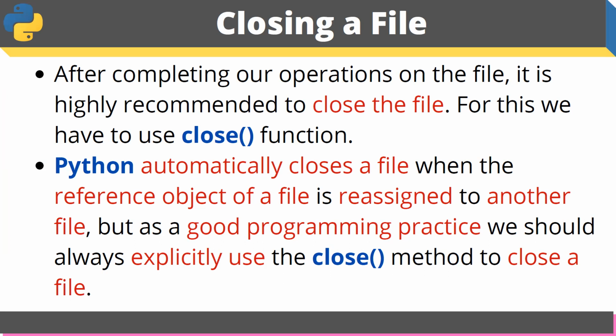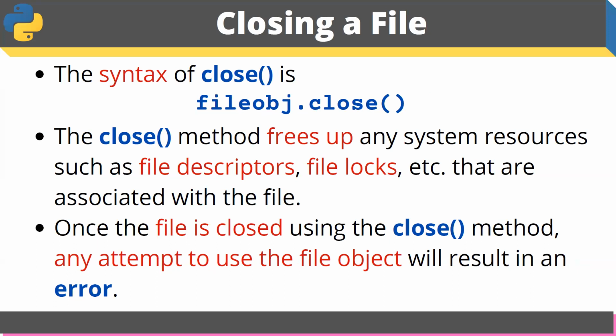But as a good programming practice, we should always explicitly use the close method to close a file. The syntax of close is the file object dot close. The close method frees up any system resources, such as file descriptors, file locks, etc., that are associated with the file.